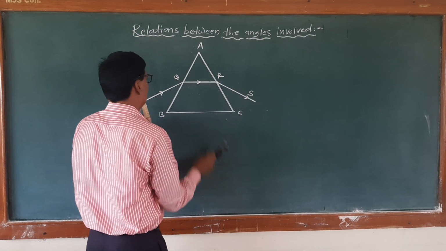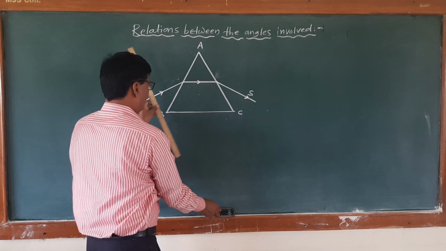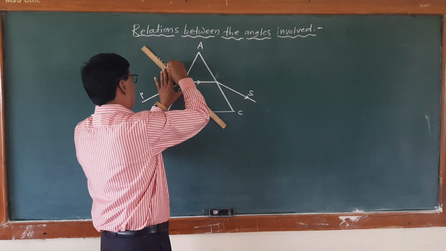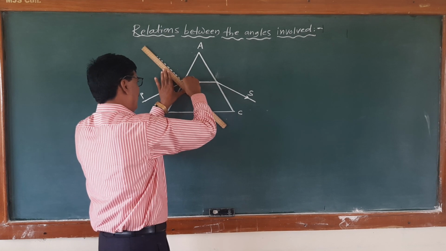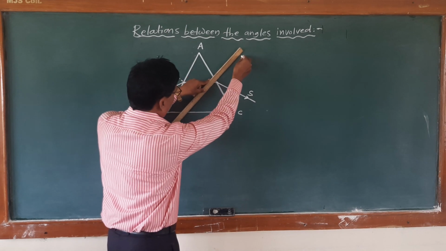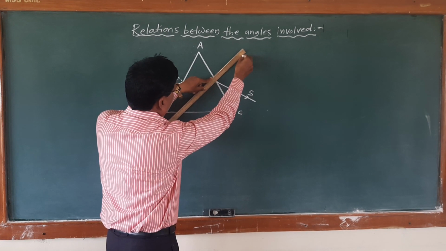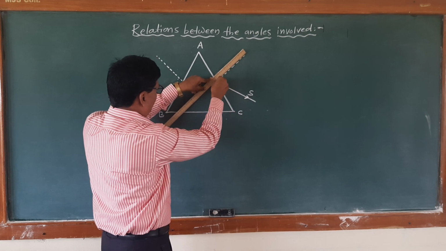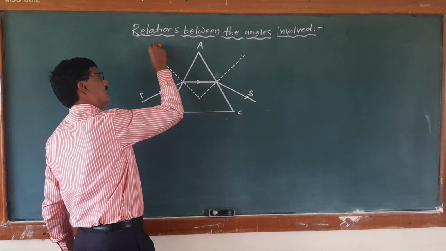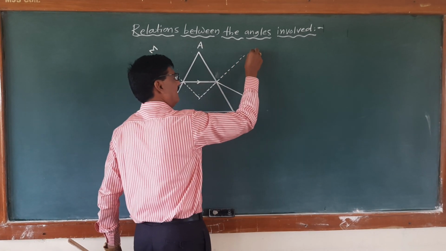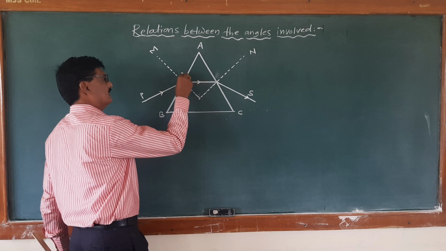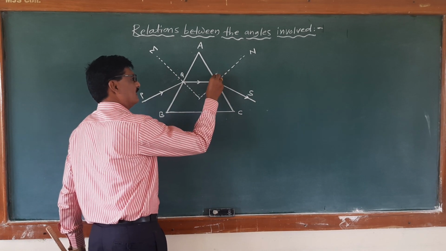Suppose this is a normal drawn to both surfaces. M and N are the normals drawn to surfaces AB and AC. This is our ray PQ and this is QR.